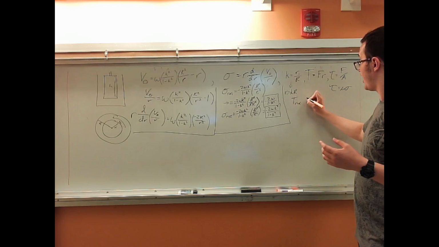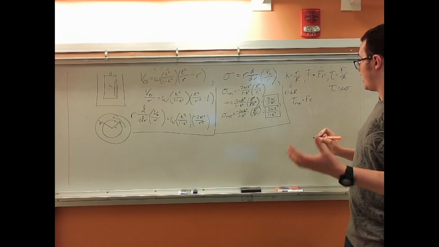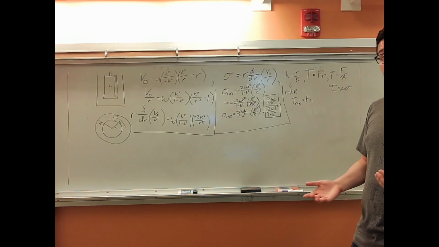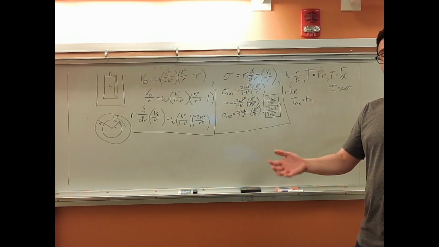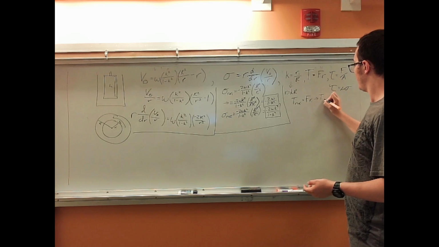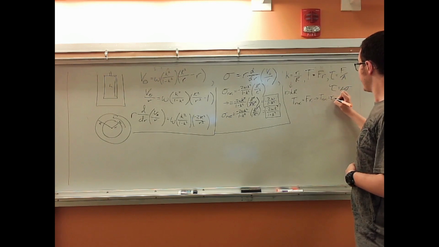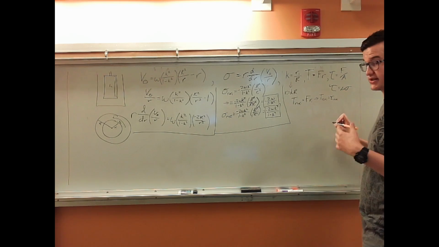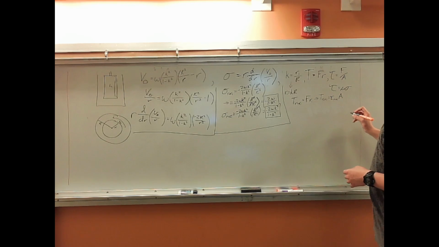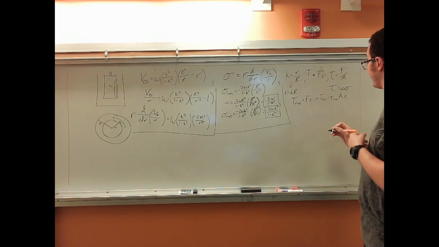For r equals ri, torque equals force multiplied by ri. Now, we have this equation here where the shear stress is equal to force divided by area. That also means that force is equal to the shear stress times area. So torque at the inner radius is equal to shear stress at the inner radius, r equals ri, multiplied by A. We have that multiplied by ri.